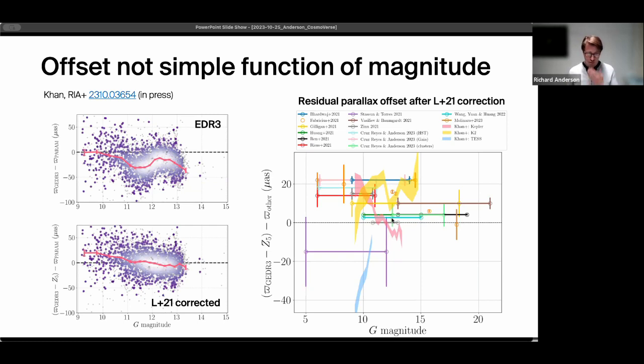we see essentially a 0 parallax offset. We also measured this with Cepheids, well, with the cluster member stars of Cepheid-hosting clusters. We also saw this. And from K2, we have some indication that it's close there, but the K2 is unfortunately a little bit noisy.